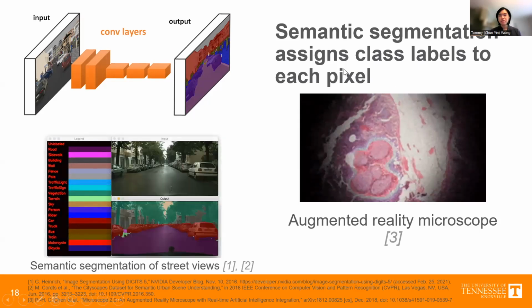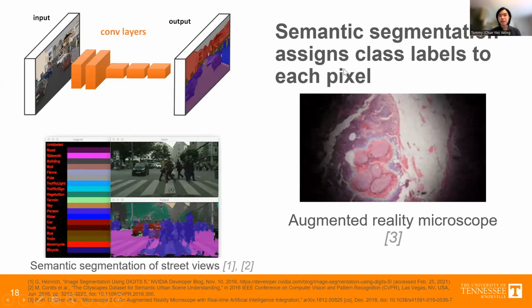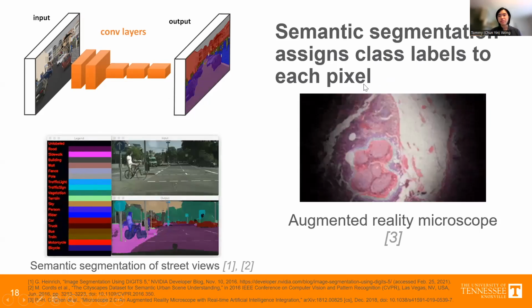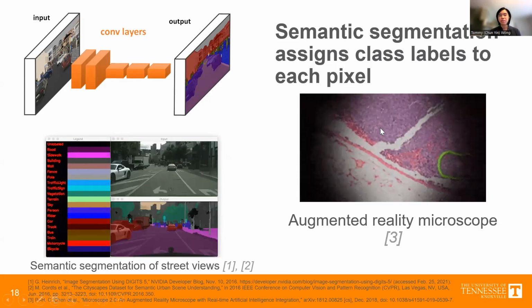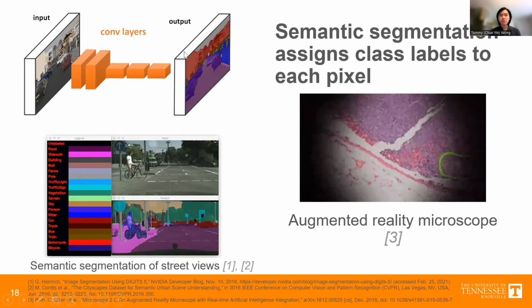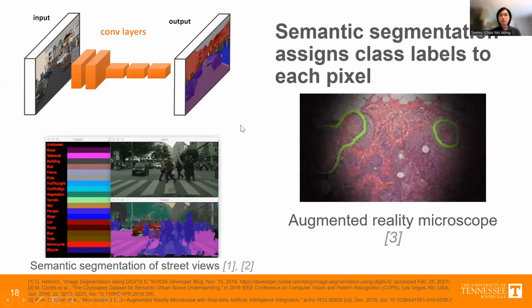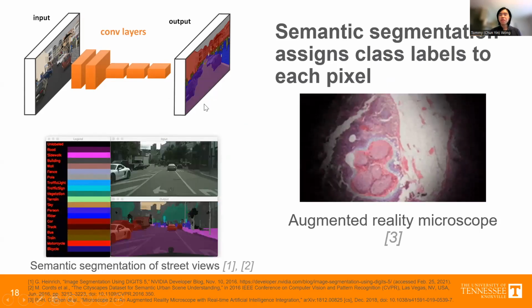Segmentation is the specific act of assigning a class label to each pixel. And so there's also instance segmentation for Mask R-CNN, which only applies that to a portion of the image which is of interest to you, or when you train it.